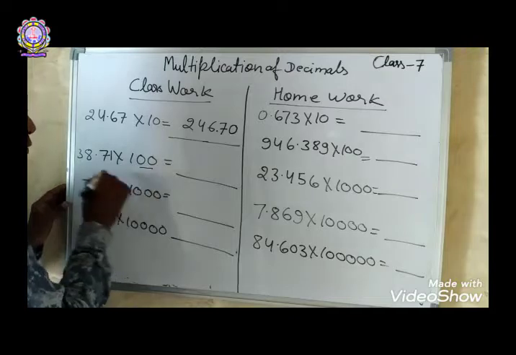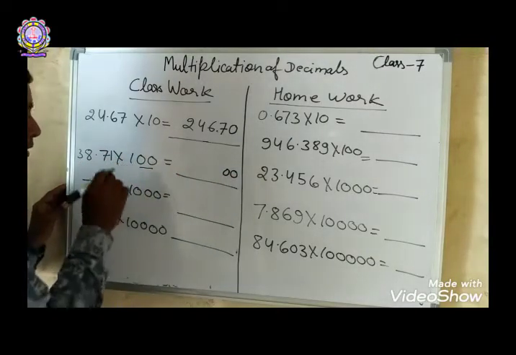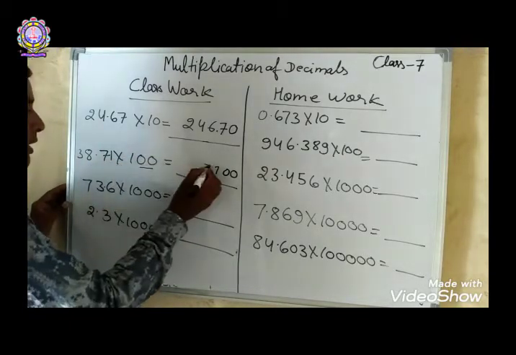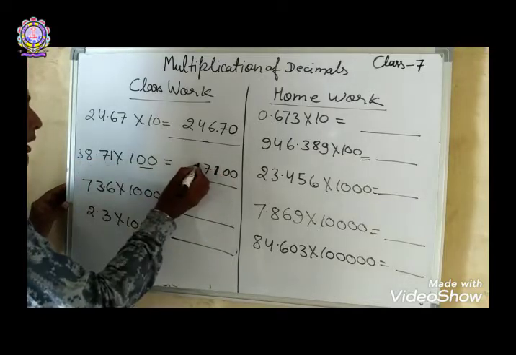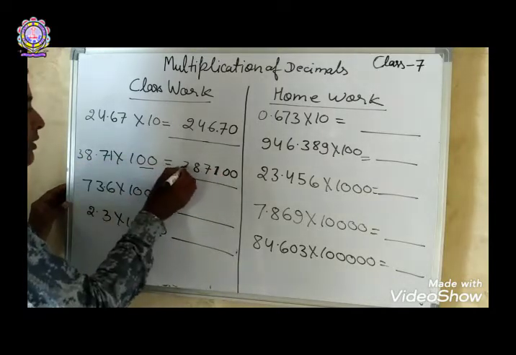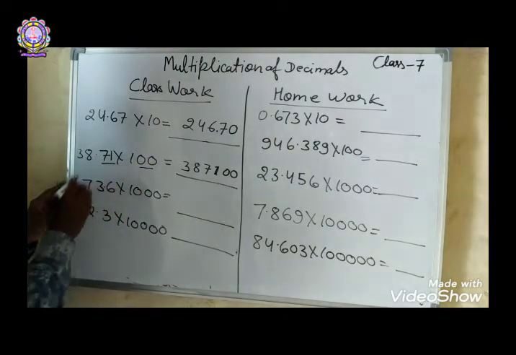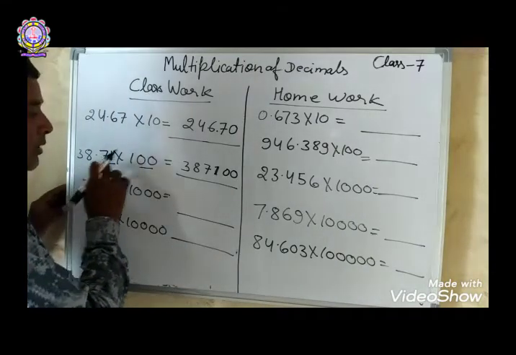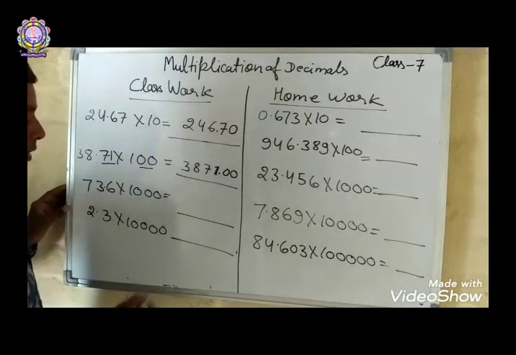Next, 38 decimal 71 multiply 100. So here there are 2 zeros, so we write 2 0. And now 1 1 is 1, 1 7 is 7, 1 8 is 8, and 1 3 is 3. And observe, here the decimal from the right side is before 2 digits, so we use the decimal here for the 2 digits.